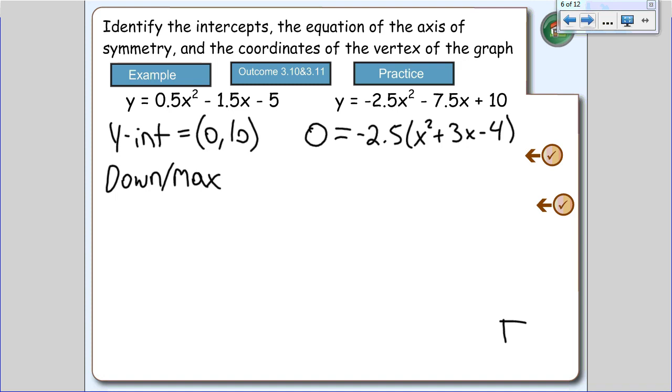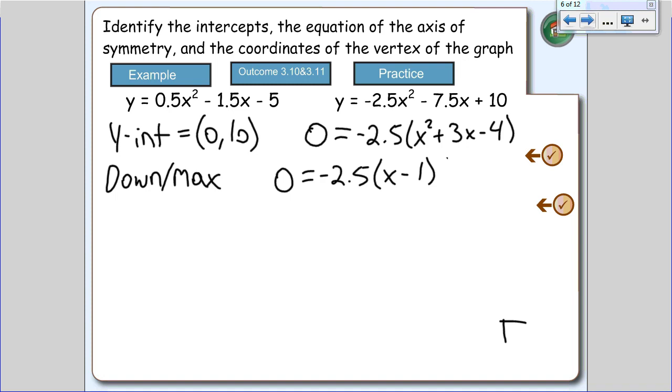Now, factor it. Things that multiply to be negative 4 and add to be 3 will be 4 and negative 1. So we get 0 equals negative 2.5 times (x minus 1)(x plus 4). I thought you didn't have to put that in front because you do it on both sides. Okay, there's a difference.